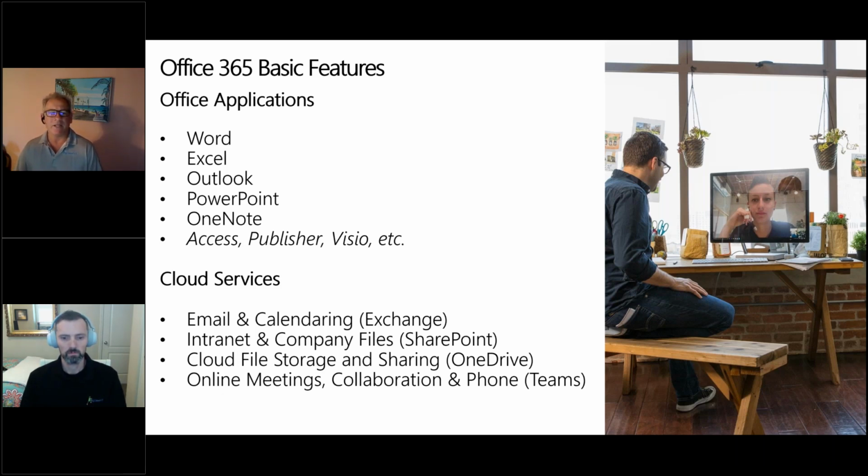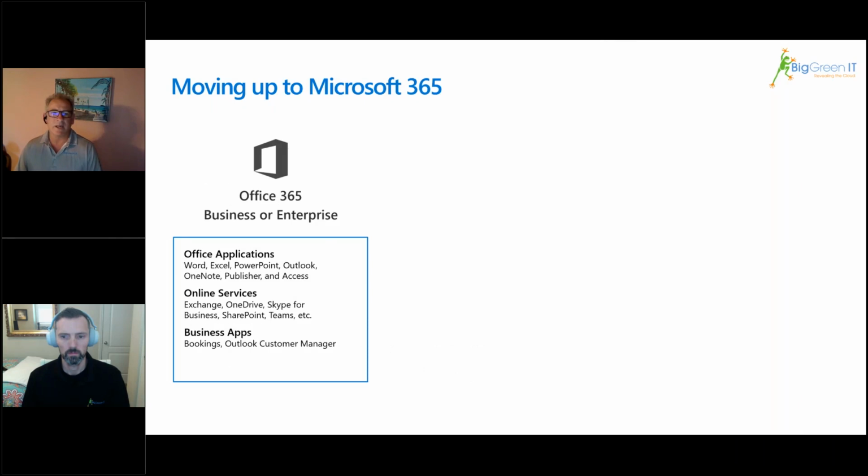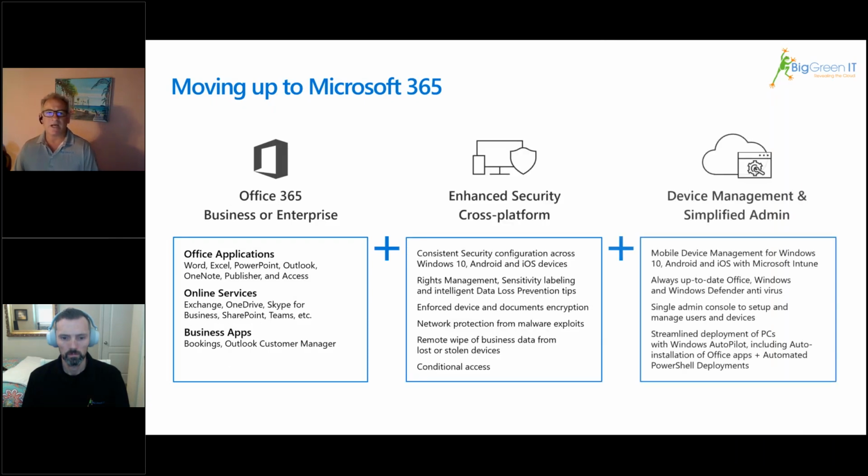And then the cloud services that are available are email and calendaring, which is Exchange, file services, SharePoint, OneDrive, and then the application service that's all the rage right now is Microsoft Teams, and that's available as well in the Office 365 suite of services. And then a couple years ago, Microsoft introduced what's called Microsoft 365 as a bundled product.